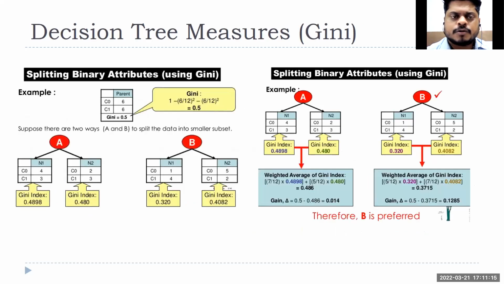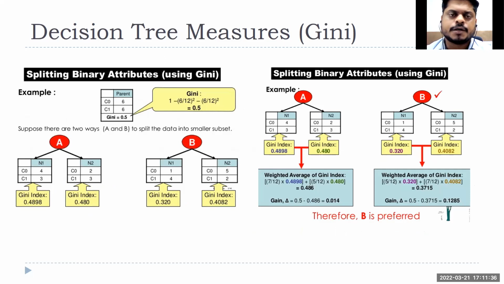Think about a scenario. I have 12 customers. C1 means they are buying my product, C0 means they are not buying my product. Out of 12 customers, 6 are buying my product and 6 are not.